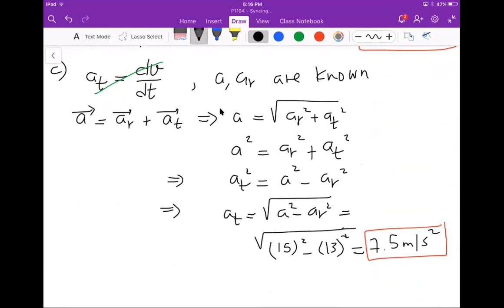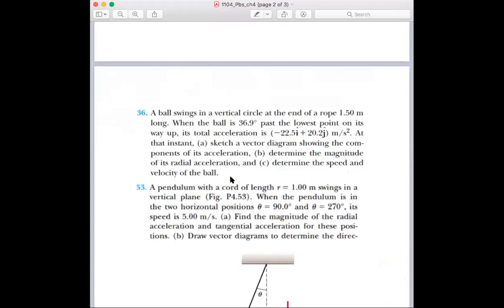Now let's move to another problem, which is problem 36. So problem 36, I will share with you the document, and then we're going to go again to the tablet. So problem 36 has the following given. A ball swings in a vertical circle at the end of a rope 1.5 meters long.